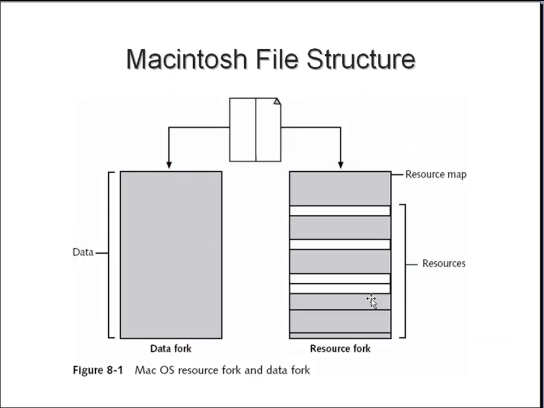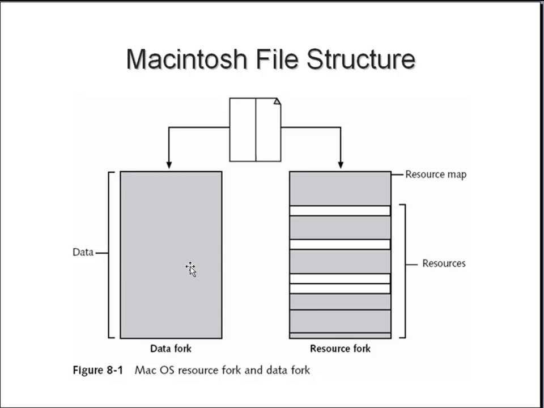Okay, getting back to what I was talking about with respect to multiple forks in a Macintosh file. Here we have the Macintosh file structure, so we have a single file, however it has two separate attributes called forks, the data fork and the resource fork. On a file system that understands forks, you're going to have a data fork, which is going to contain the content of the file, and then you're going to have the resource fork.